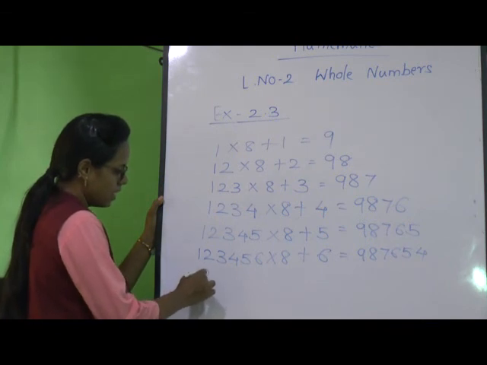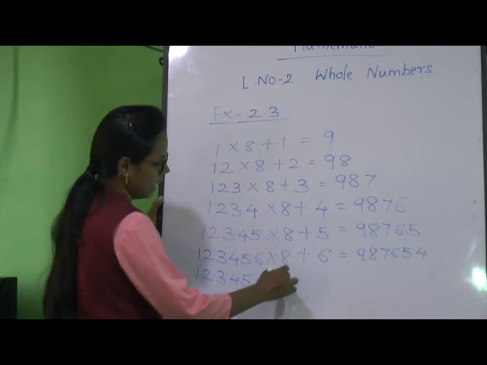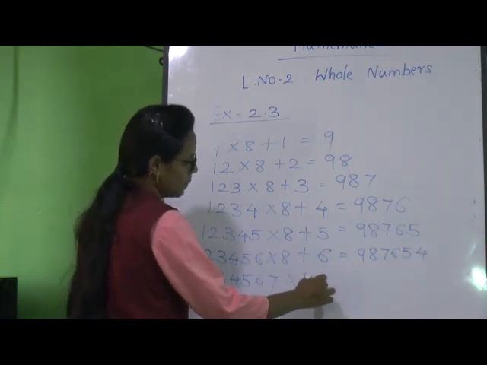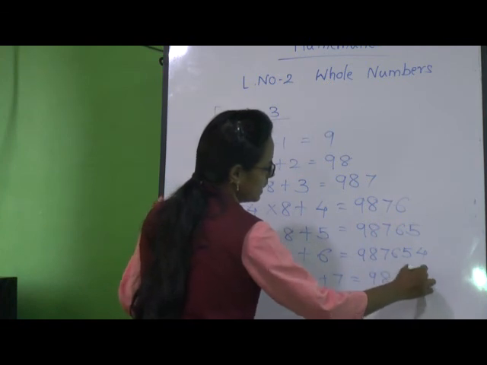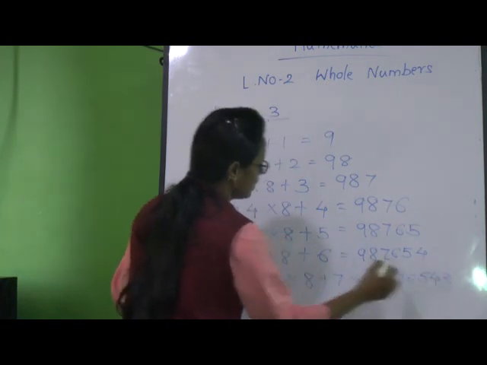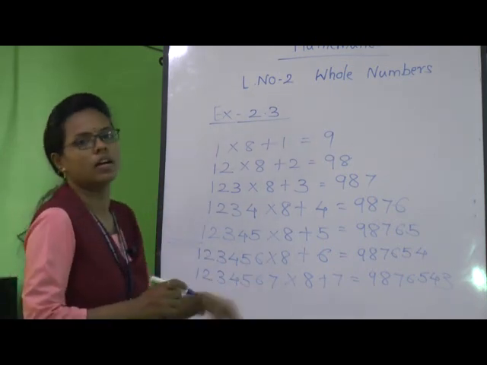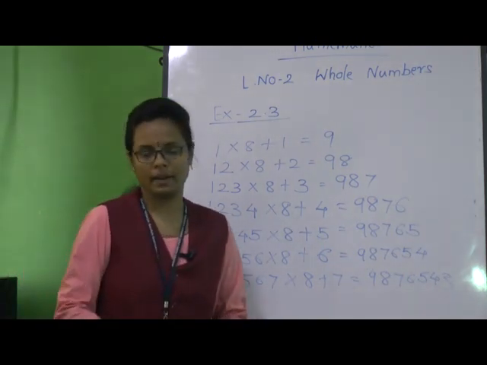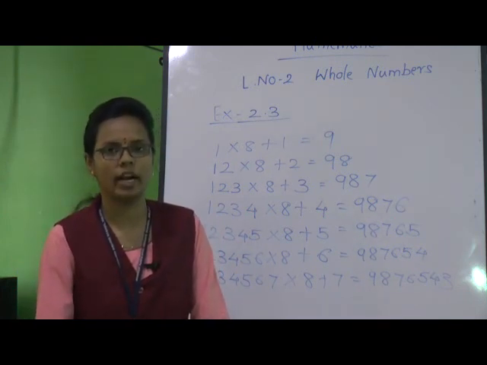Next step, 1234567 into 8 plus 7 becomes 9876543. So these are the next two steps for the given pattern. So here we complete our exercise 2.3.